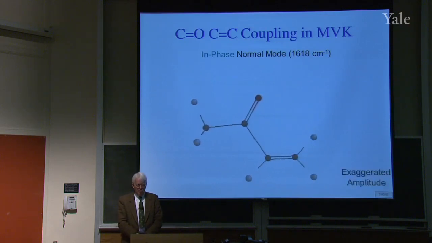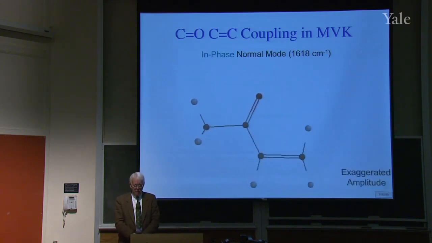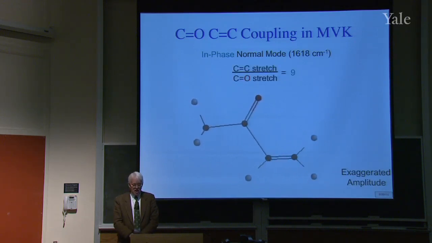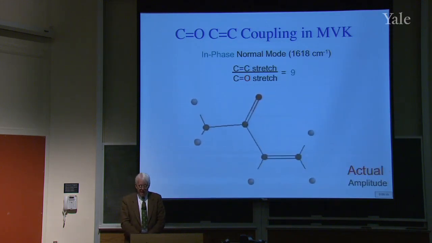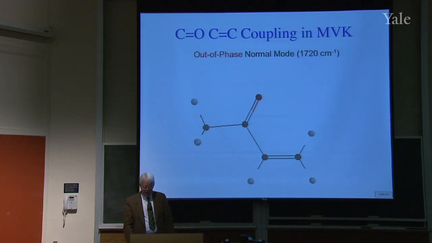There's the in-phase mode, the low frequency, both stretching at the same time, but mostly the CC. The CC is stretching 9 times as much as the CO. But here's the actual amplitude. The actual amplitudes are very subtle for these things. In fact, we talked about this a little bit last semester when we were doing quantum mechanics and vibration, how much things actually move.